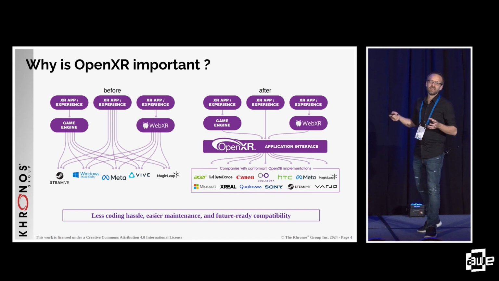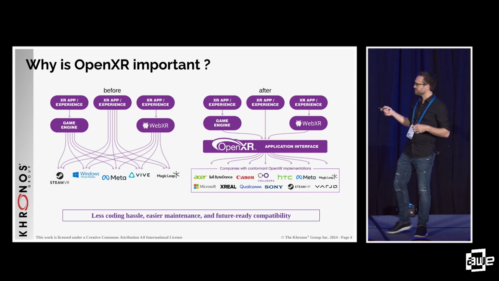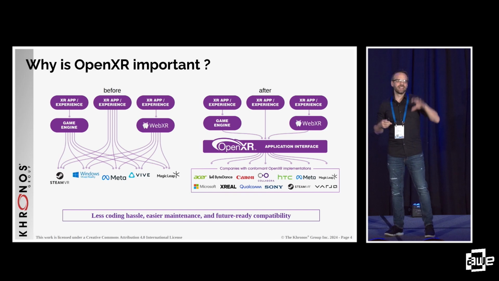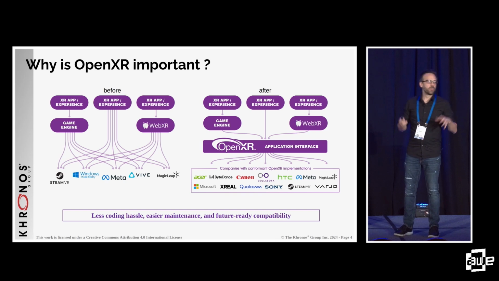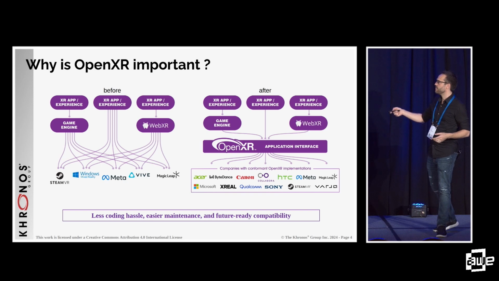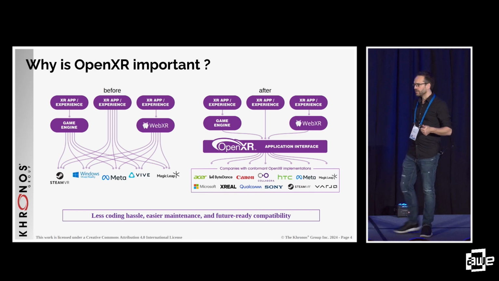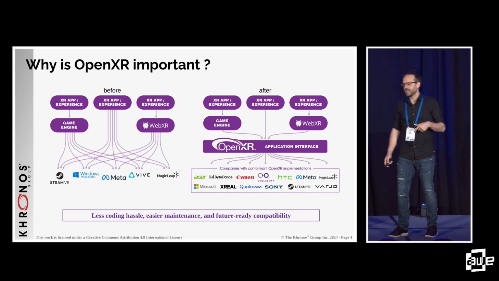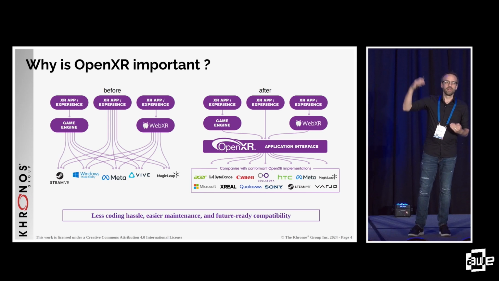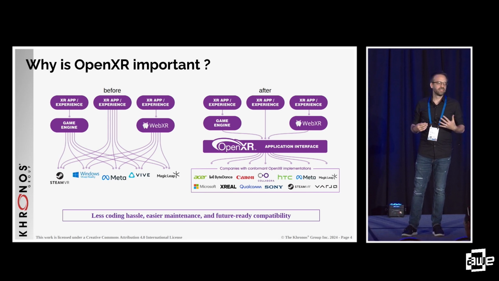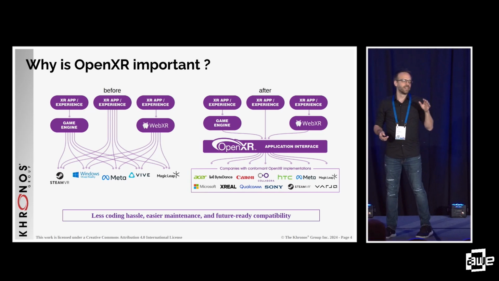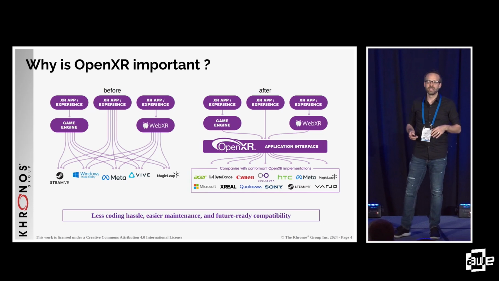Rather complicated, whereas now with OpenXR, it's like having this unique universal language that connects apps and all of the OpenXR compliant devices and platforms in a seamless way, right? This means less coding hassle, easier maintenance, and usually future-ready compatibility, even with upcoming devices that don't exist right now. And so if you haven't already jumped on the OpenXR train, I think now is a pretty good time to do so.